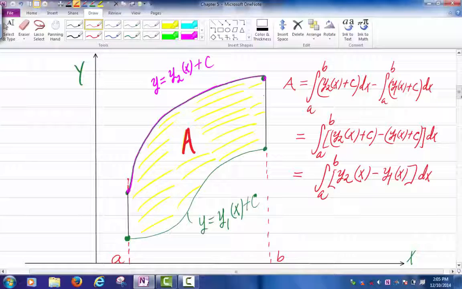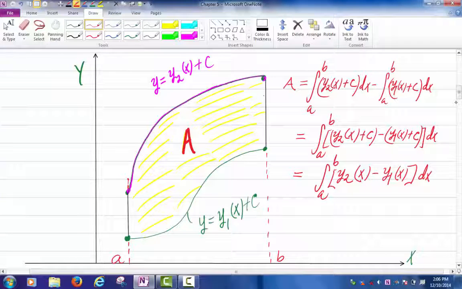I am going to add a large constant c to both y2 and y1, so that the graph of y1 and y2 goes above the x-axis. Okay? So I'm basically translating the graph of y1 and y2. If I translate it upward, so basically what this is doing, when I add c to both y1 and y2, it is translating the yellow region upward. You realize that?